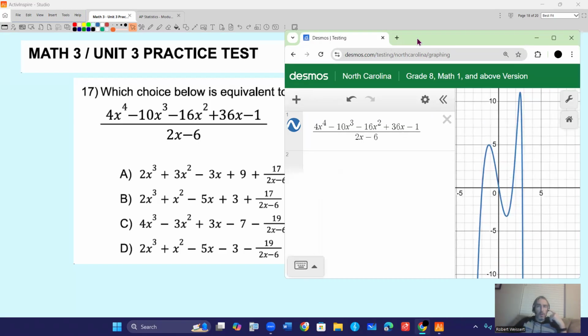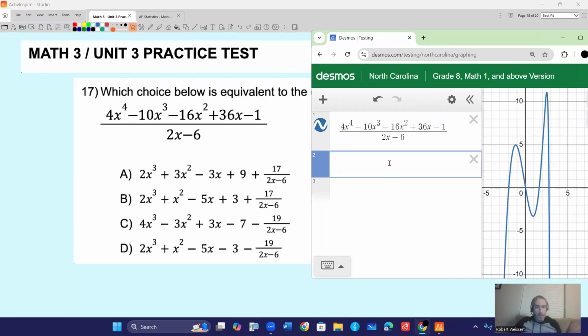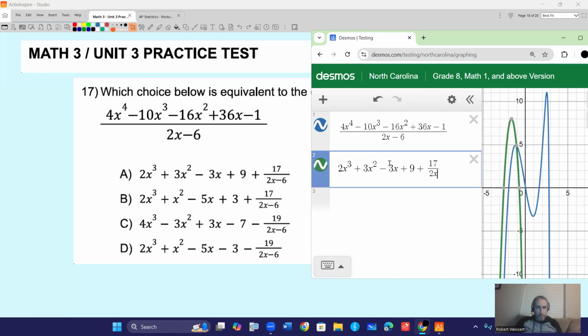So what I'll do is I'll just put in one at a time. And you can see that this is a different graph. So answer choice A is not going to work.